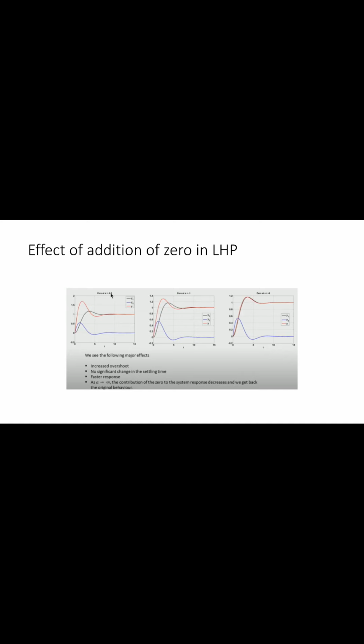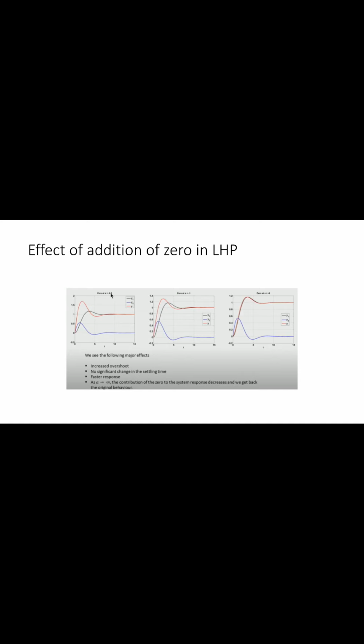So if you check the first graph, as compared to the black graph, the red graph is having more overshoot. So can I say there is an increased overshoot? Similarly, the red graph is achieving a level of 1.5 in a smaller amount of time as compared to the black graph.